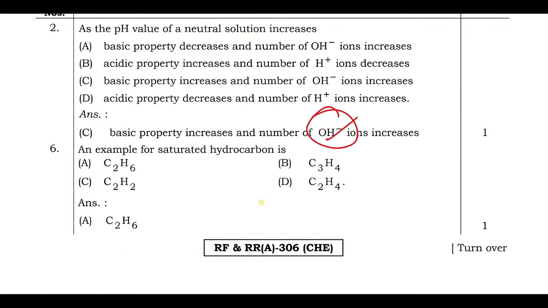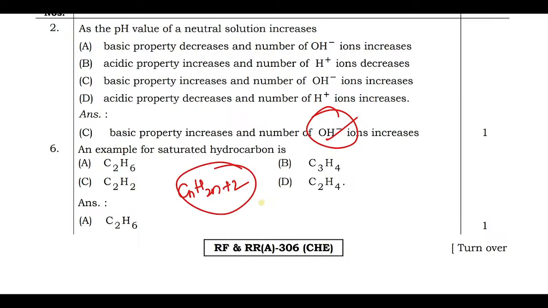An example for a saturated hydrocarbon. Saturated hydrocarbons are methane, and CnH2n+2 is the general formula of alkanes.